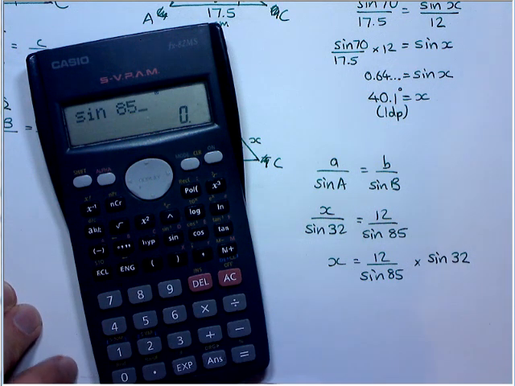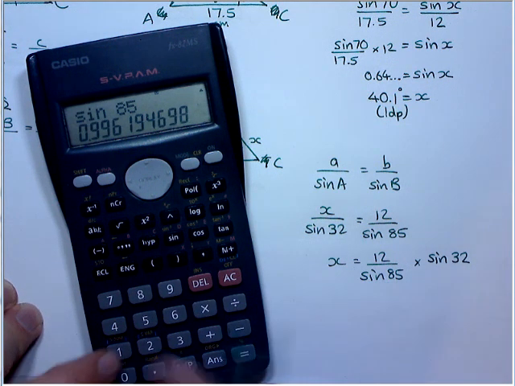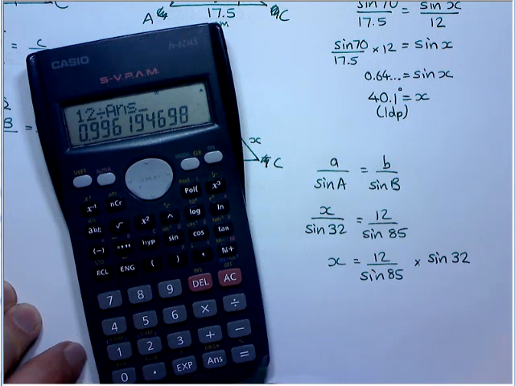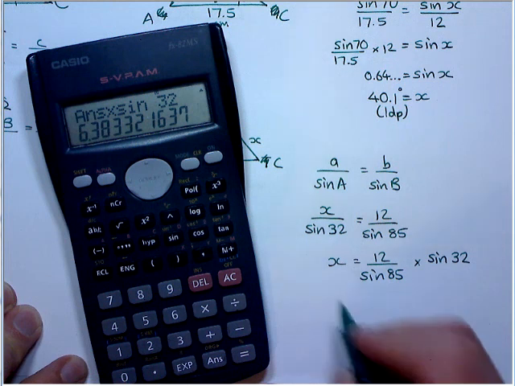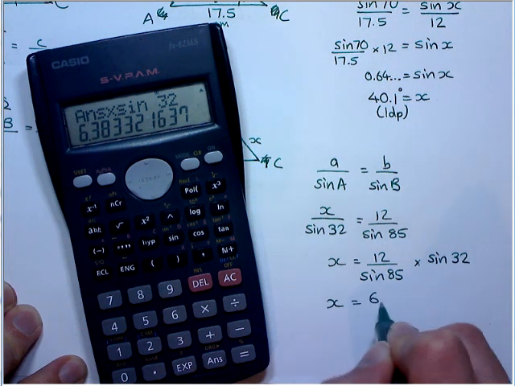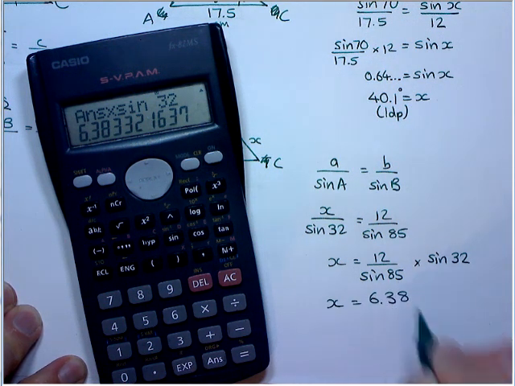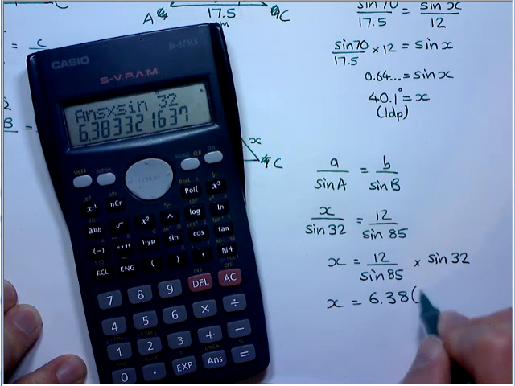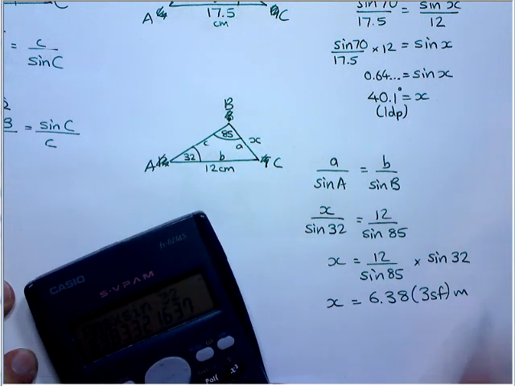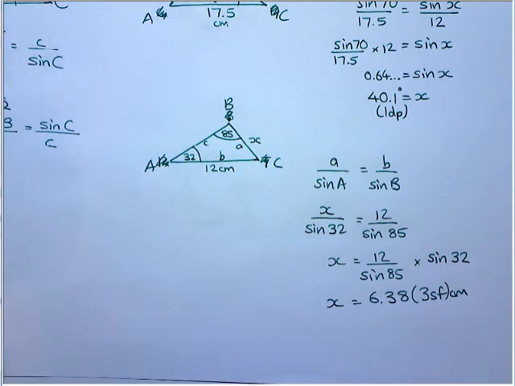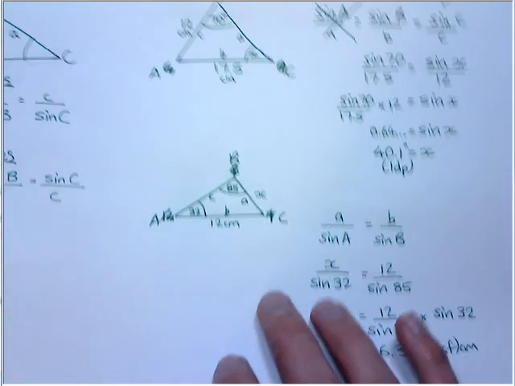So my advice is do sine 85, work that out, then 12 divided by your answer, so I'm doing 12 divided by the previous answer, and now I'm going to times that by sine 32. And I get my answer of 6.38, that's 2 decimal places and 3 significant figures, and that's meters, I believe. No, I wrote centimeters. And that's it. Now, I'll do the cosine rule in the next video.